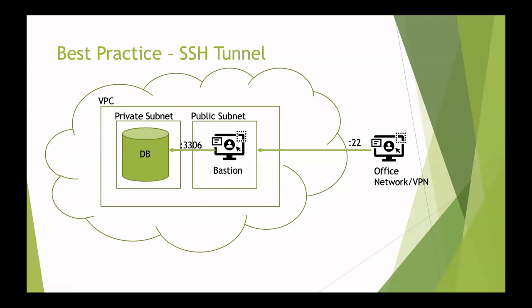So in that way, it's much more secure. If you don't have a connection to your VPN, you cannot access the bastion or then the database. Okay, so it's very much secure. We are never exposing our database to the internet, even via a tunnel. So let's see how we are going to implement this best practice.